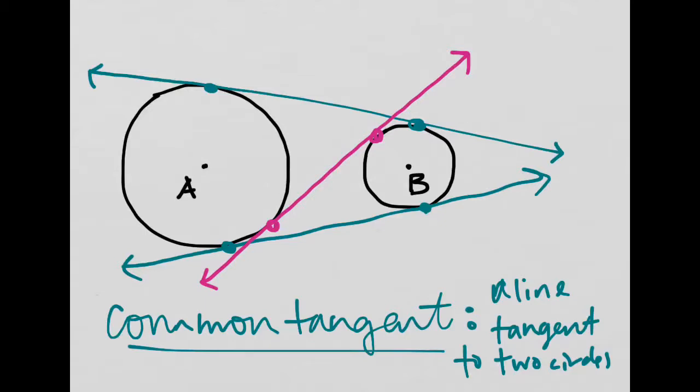And so lastly, you could also have one that looked like this, and one point of intersection here, one point of intersection here. That is another common tangent. Common tangent is a line tangent to two circles.